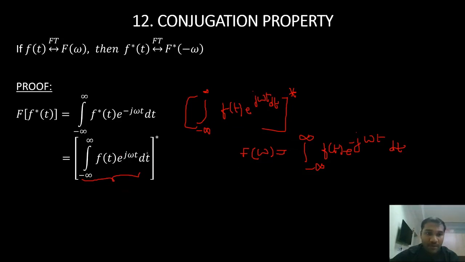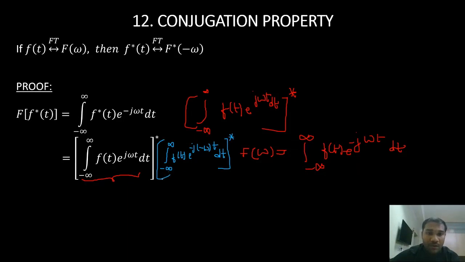Let me just show you. Here e power j omega t, I will write it as integral from minus infinity to infinity of f of t e power minus j into minus omega into t dt, whole conjugate, right? I can represent that like this.